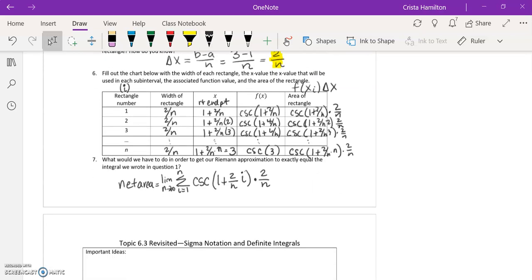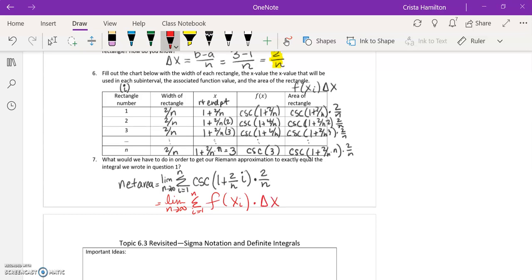So this is kind of how you're going to see this. It's a lot easier when I was just doing the limit as n goes to infinity of the sum from i equals 1 to n, leaving it as a generic function and saying f of x sub i times delta x.